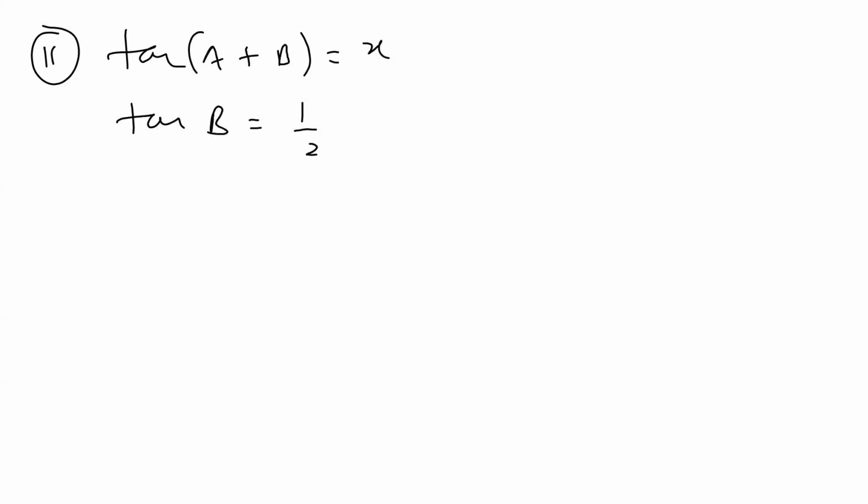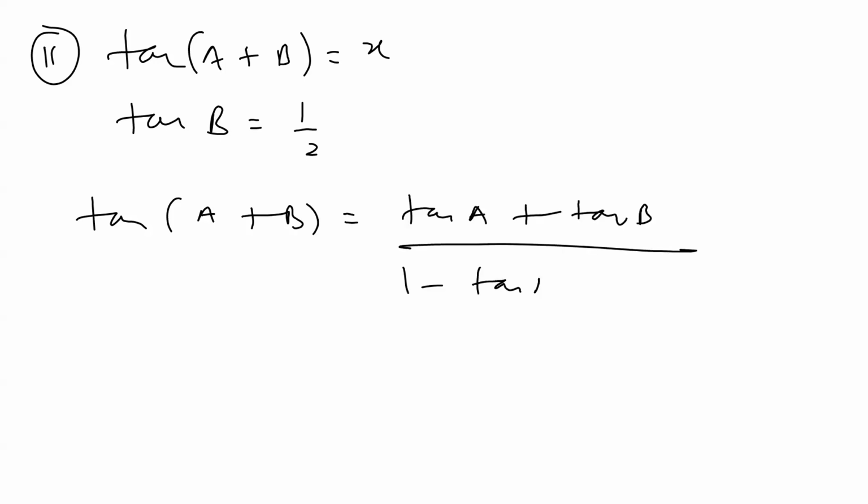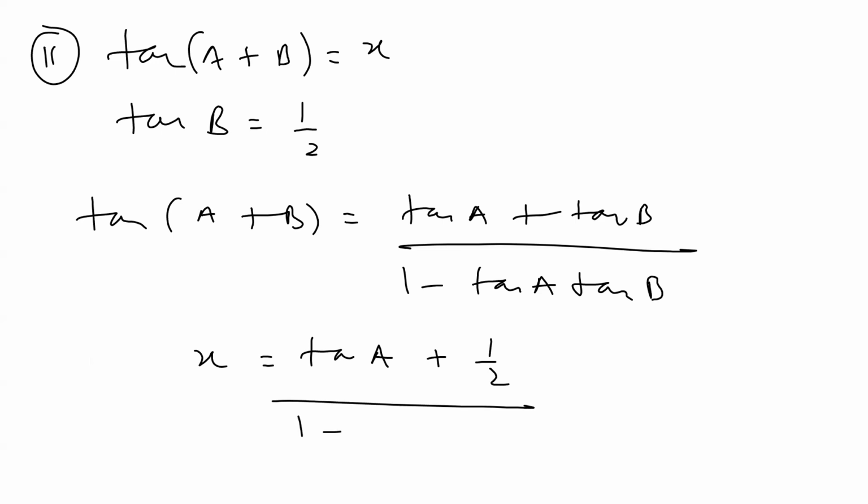Tan B is equal to half. So tan A plus B, tan A plus tan B, 1 minus tan A tan B. So tan A plus B is equal to x. Tan A plus half, 1 minus tan A into half.